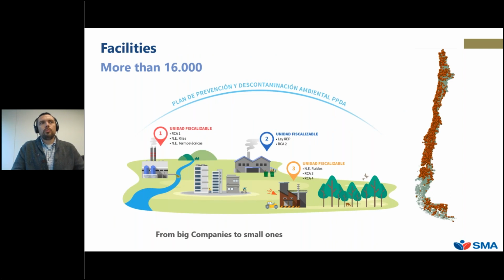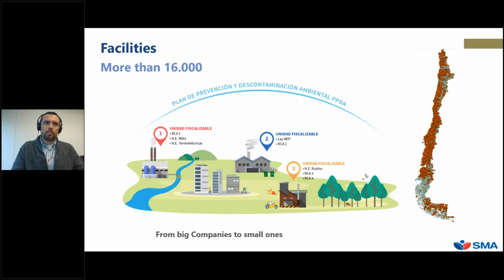We have to monitor and enforce compliance from more than 16,000 facilities, from big companies to small ones, in all our territory. As you can see in the image, some of these facilities have to comply with more than one regulation, and even more than one permit. That is really complicated for the monitoring team.